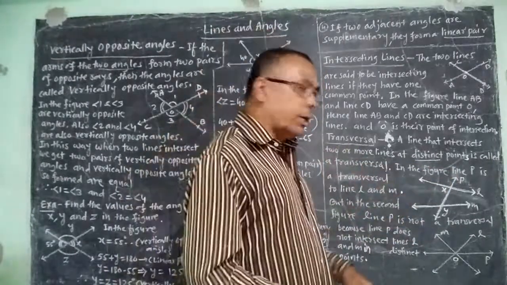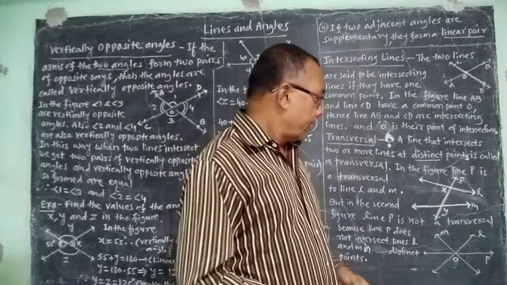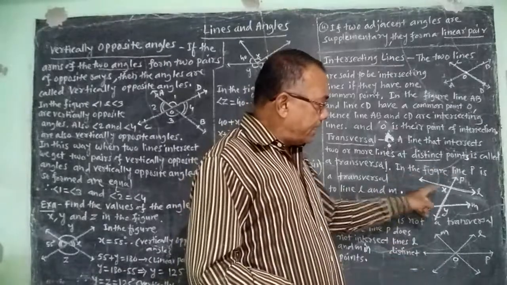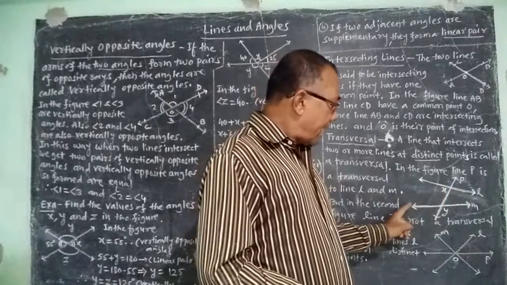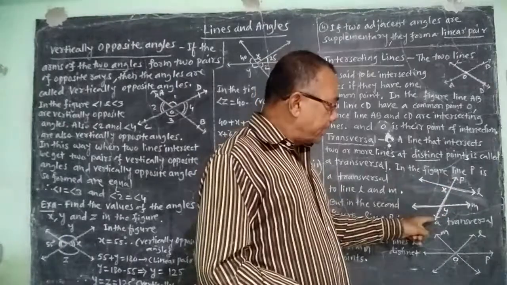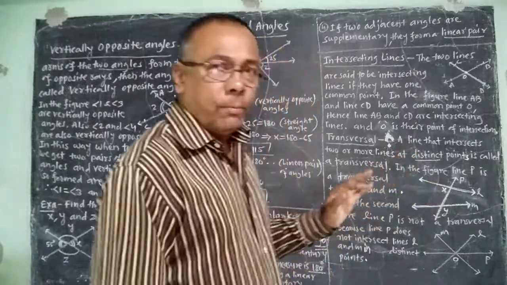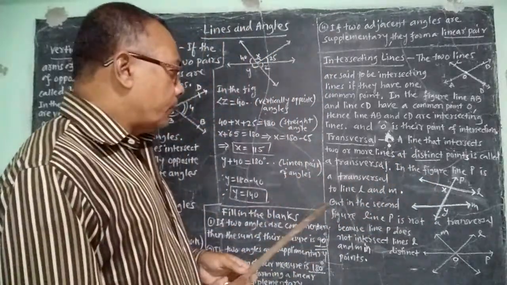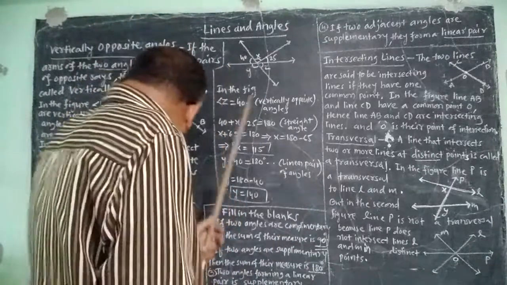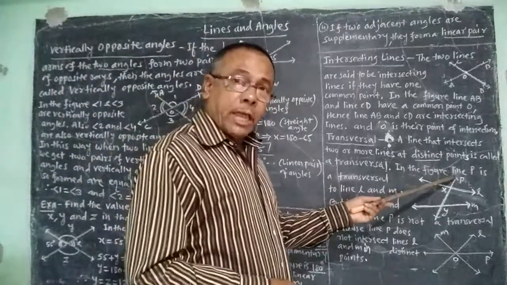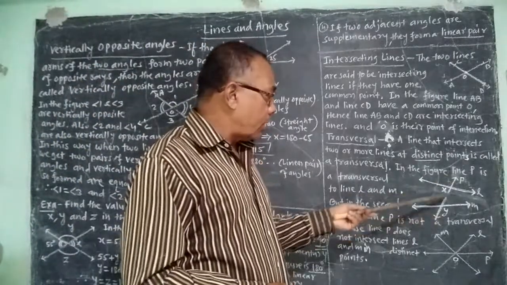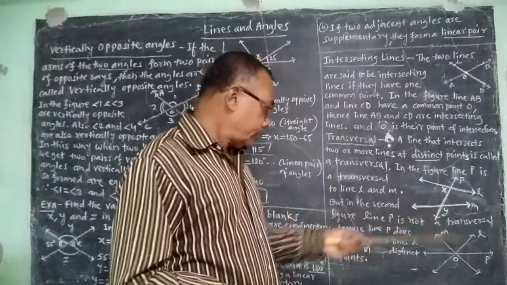Because according to our definition, line P intersects line L at X, and line P also intersects line M at Y. So X and Y are two distinct points, and therefore line P is called a transversal of lines L and M.